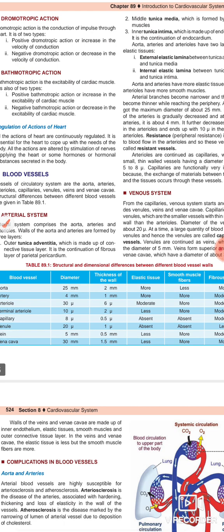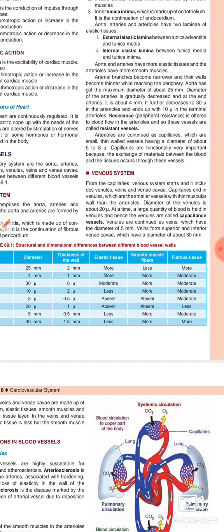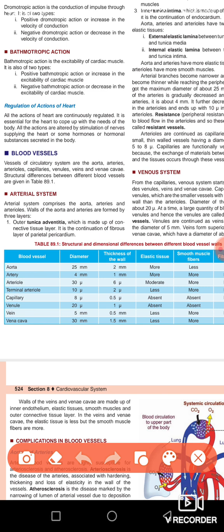Now a table is given to you, and in this table the blood vessels, their diameter, their thickness, their elasticity, smooth muscles, and fibrous tissues are given. The diameter you can learn and revise, but I am going to explain elasticity, smooth muscle, and fibrous tissue. In the aorta and in all of your arterial system, including terminal arterioles, elasticity is more, but gradually decreases.